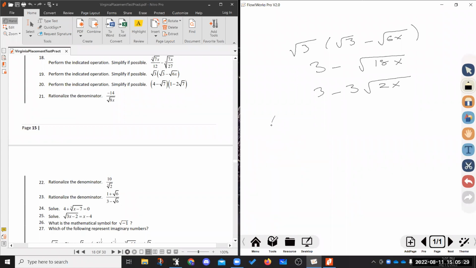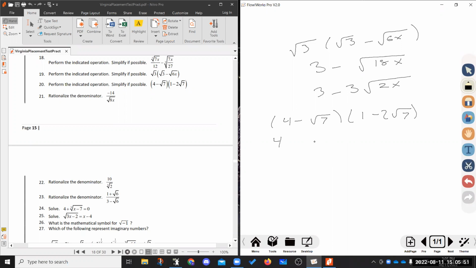Now, what happens when I have a binomial like this and a binomial like that? We're going to FOIL again. Hopefully, we end up with like radicals in the middle that we can add together. And hopefully, we end up with whole numbers for the first and the last.